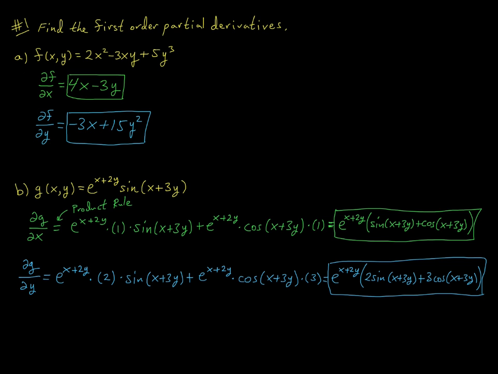All right, great. Now the last thing I want to say in this video is that there are some other notations used for these partial derivatives. So here I've just up to this point been using the del notation, del f, del x, del f, del y. So you also will see these written as the following.